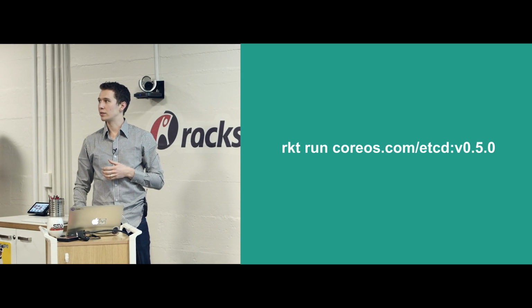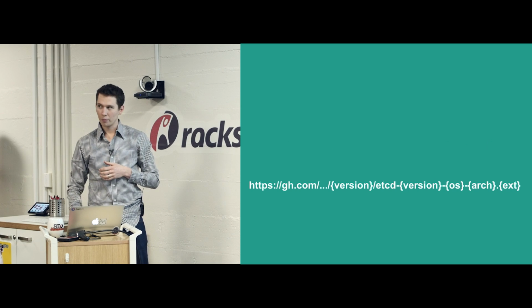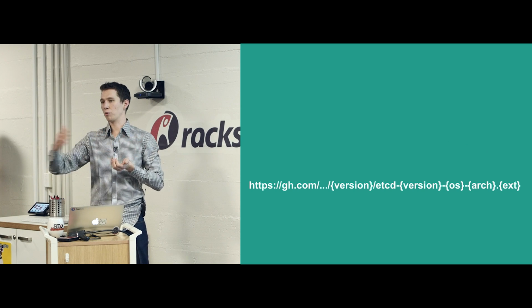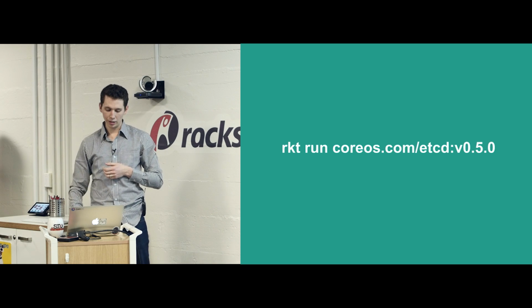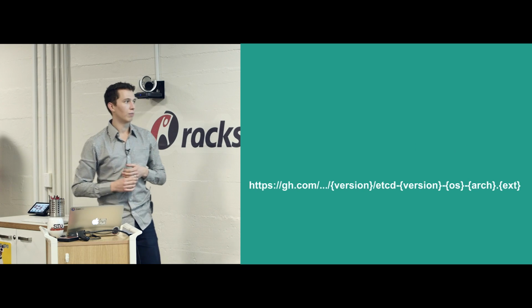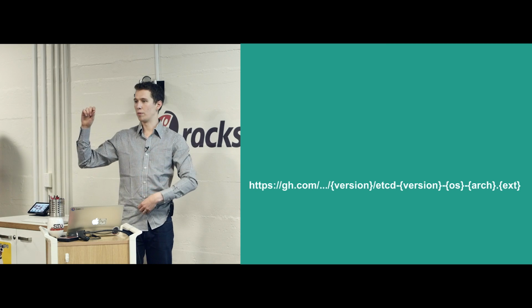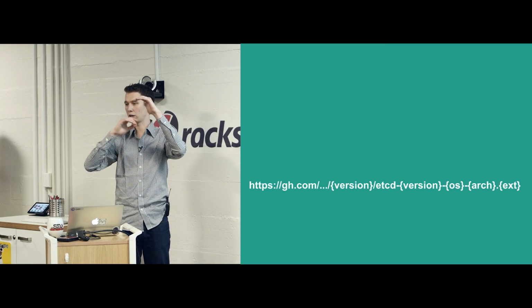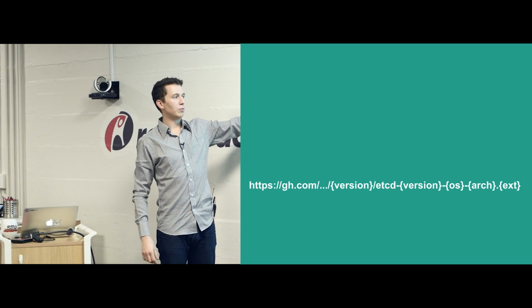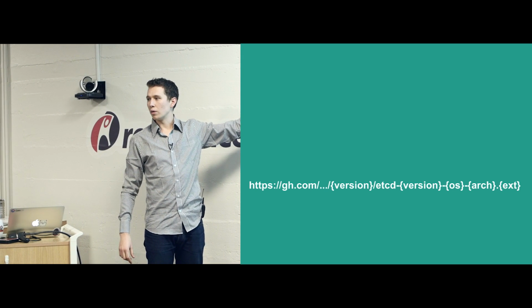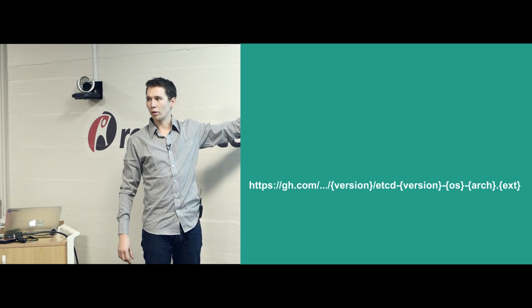And the way it does this is it recurses down. It makes HTTP GET requests beginning at coreos.com/etcd, and it's looking for meta tags. If you're familiar with HTML, you can have a head document and a meta tag in there, and it's looking for these meta tags that describe where you can actually find the tarball of this image.